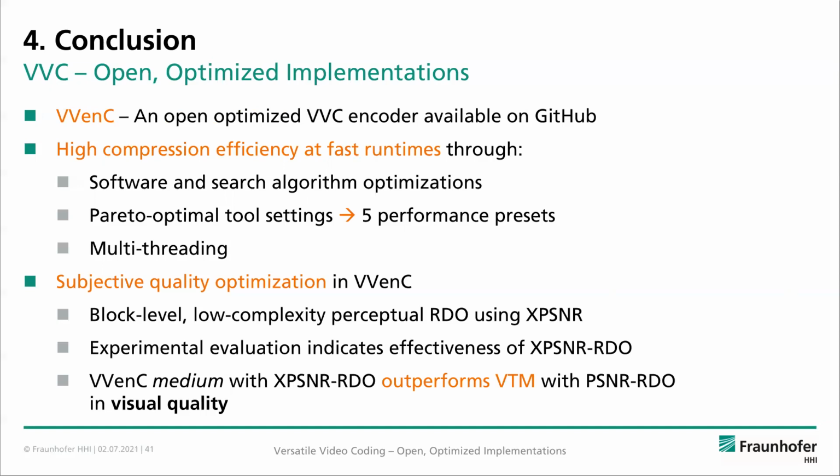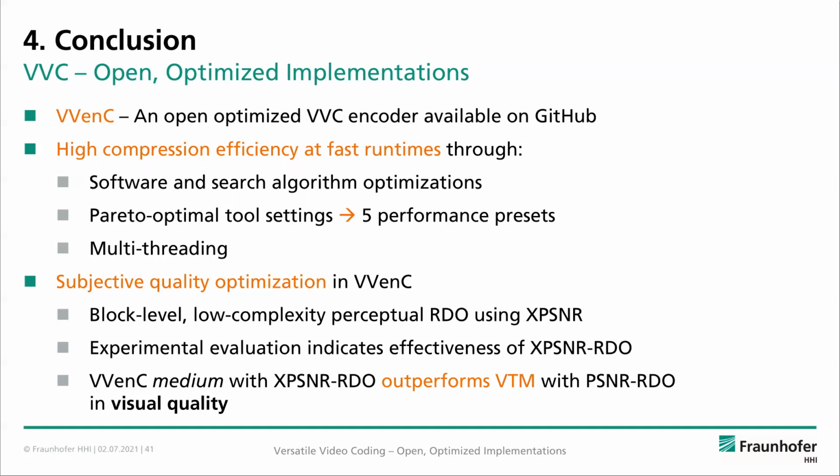Then for subjective quality optimization, which is a main part in VVenC compared, for example, to the VTM reference software, Christian explained how the block level, low complexity perceptual rate distortion optimization works using the XPSNR measurement.